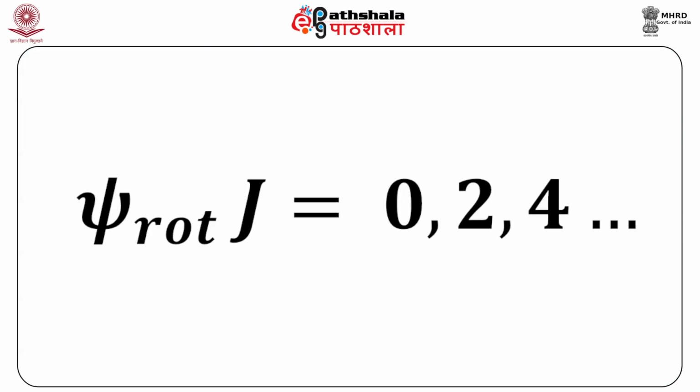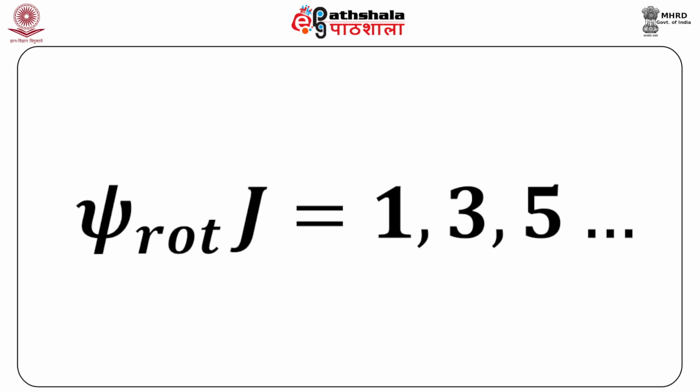So, how is it possible? This is possible only if psi rotational with j even is paired with odd psi nucleus, because we want psi total to be odd. Therefore, psi rotational with j even has to be paired with odd psi nucleus, only then it will become odd.